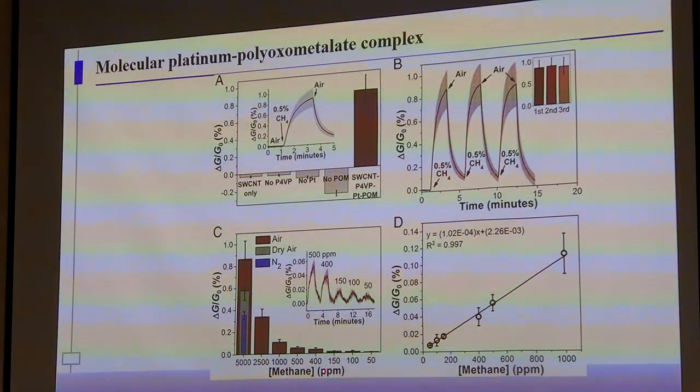And here these are different concentrations in ppm. We are able to see a really good signal at like 100 ppm, at least you see a clear signal. There is not much noise. Then you can extrapolate this, and you can see this sensor is able to detect below 50 ppm for methane.